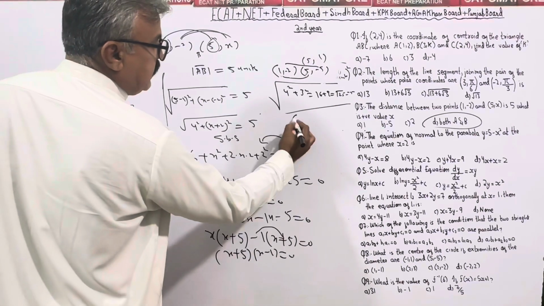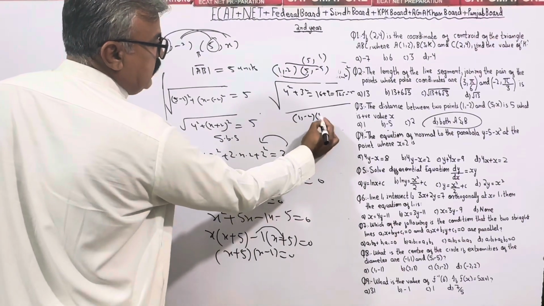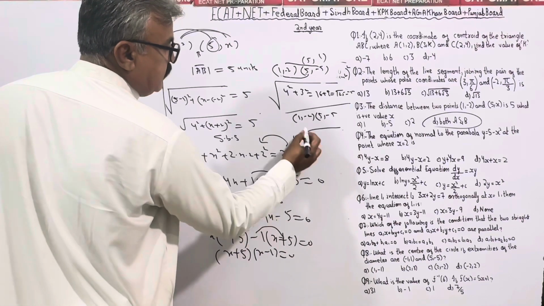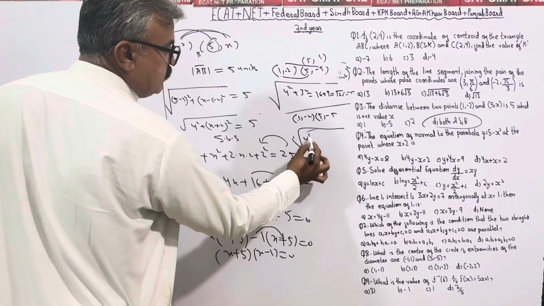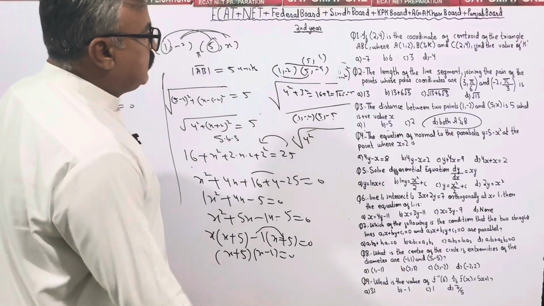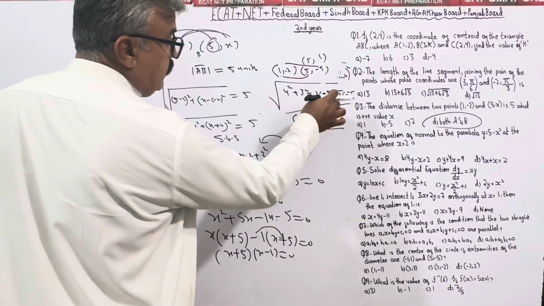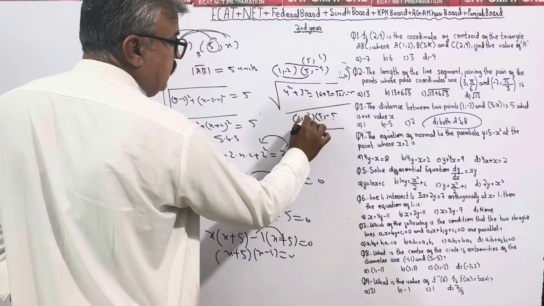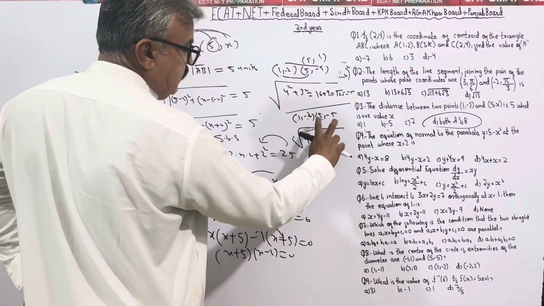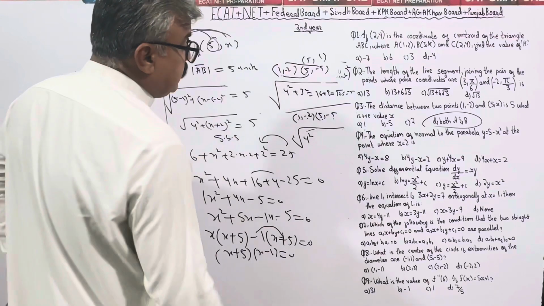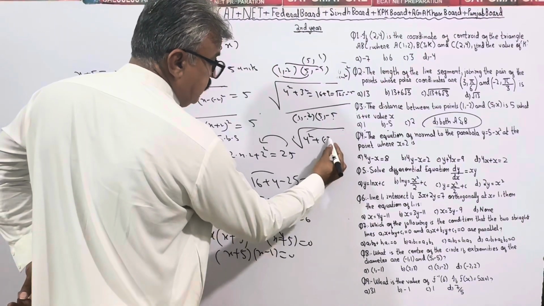What about the second? (1, -2) and (5, -5). Applying the distance formula: 5 minus 1, 4 square. Minus 2, minus 5, both have the same symbol, so subtract: 5 minus 2, 3, minus 3 square.